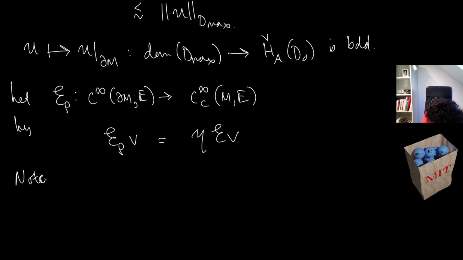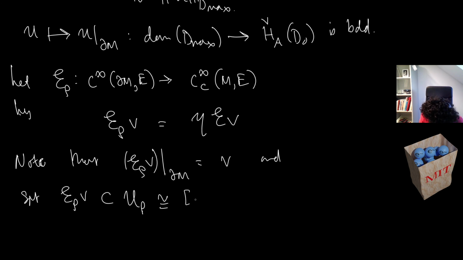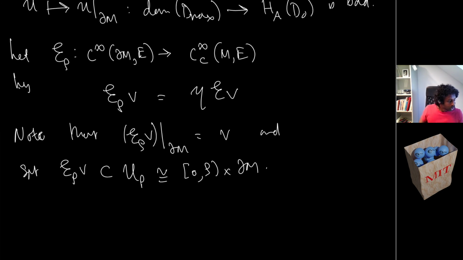Note that E rho V restricted to the boundary is equal to just V, in fact, and that the support of E rho of V is contained in this U rho, which is diffeomorphic to 0 to rho cross M. Okay? Good.